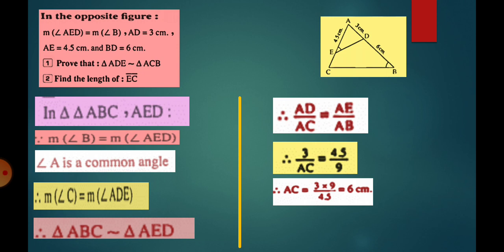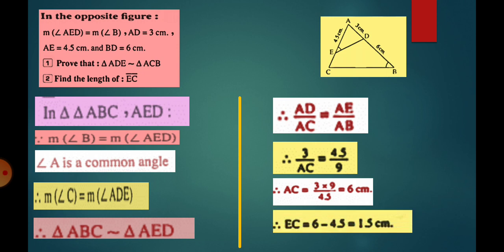Here the length of AC equals 6 centimeters, and the length of AE equals 4.5. Then the length of EC equals 6 minus 4.5 equals 1.5. Here, what about BC and ED?